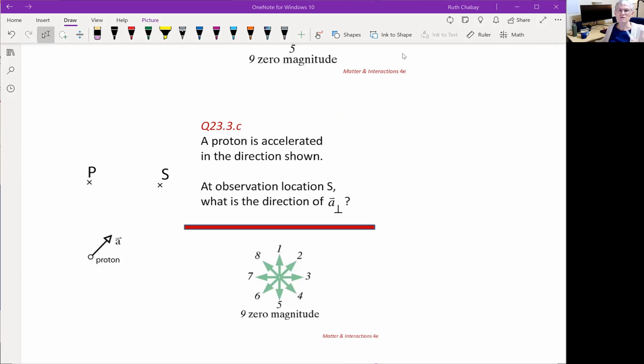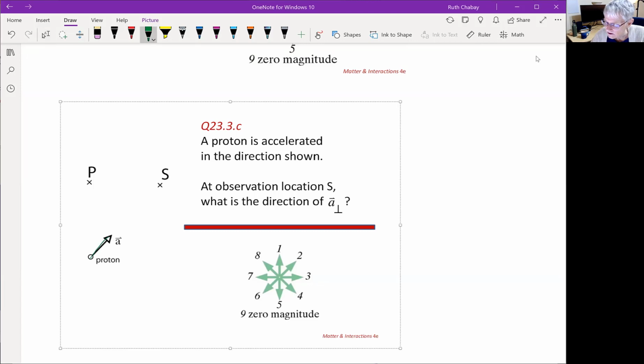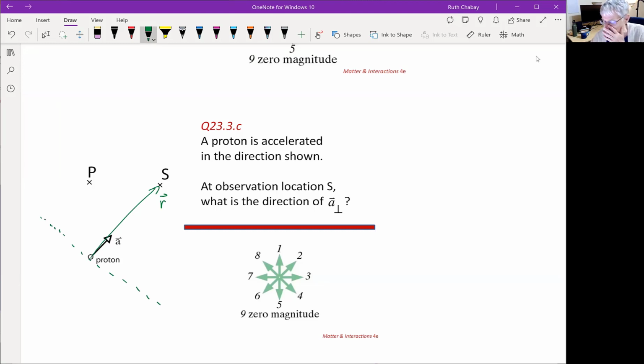Those of you who said 4 identified the perpendicular direction, but then you didn't think about what the magnitude of a vector that you'd have, along that direction that could add to A would be, okay? So this is definitely our R vector, and so that is indeed the direction of something perpendicular.